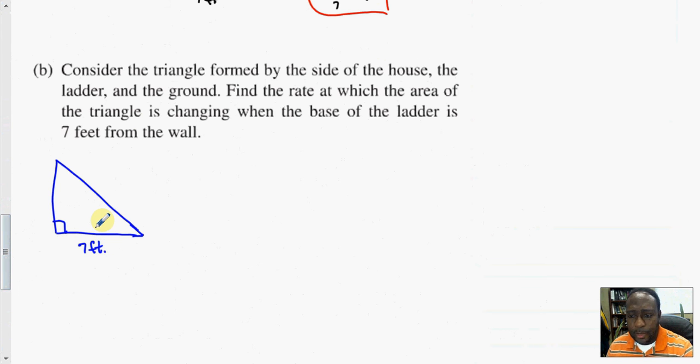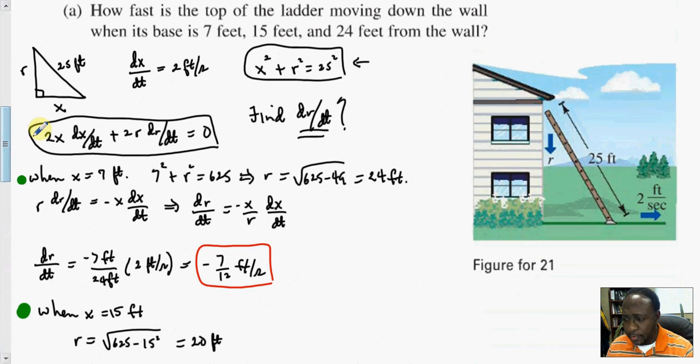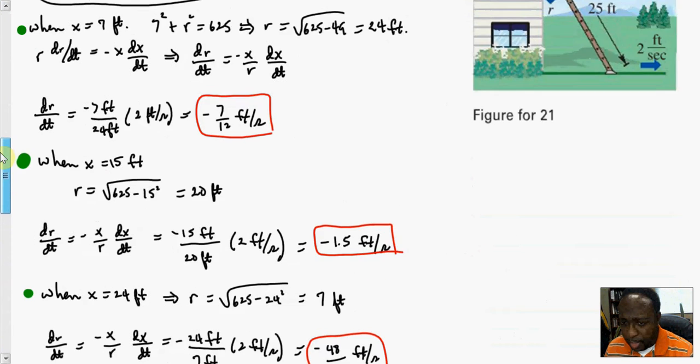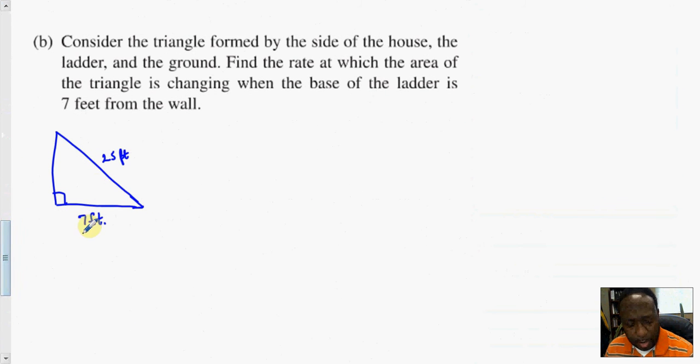We still know from what was given that this is 25 feet, and if we call the bottom x, dx over dt is still given to be 2 feet per second.